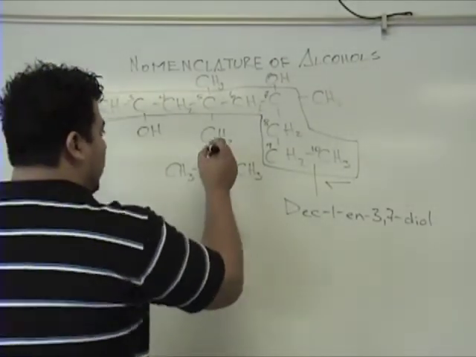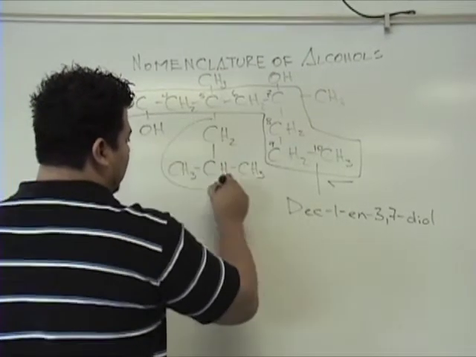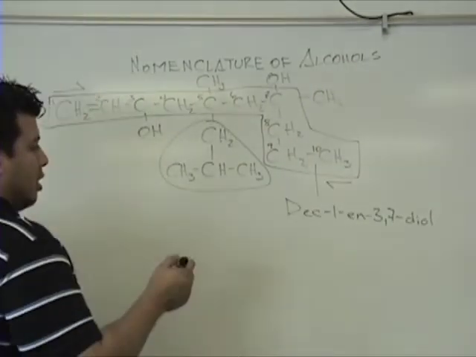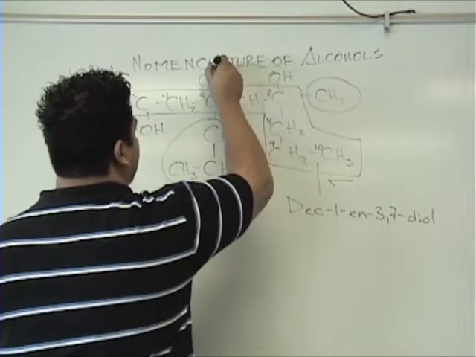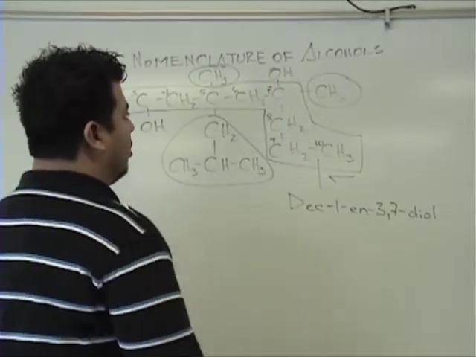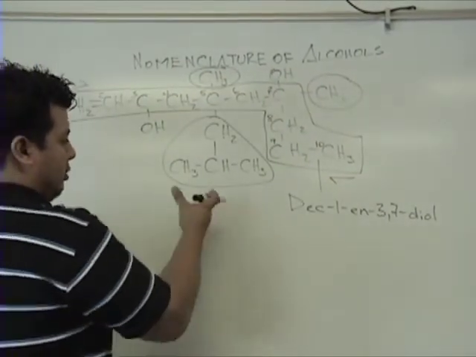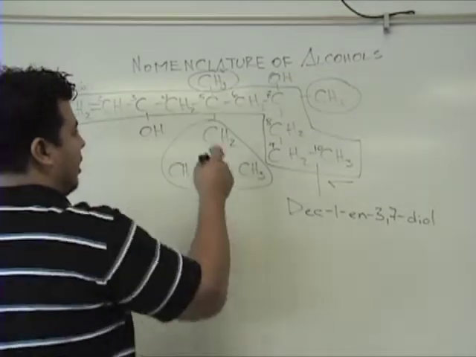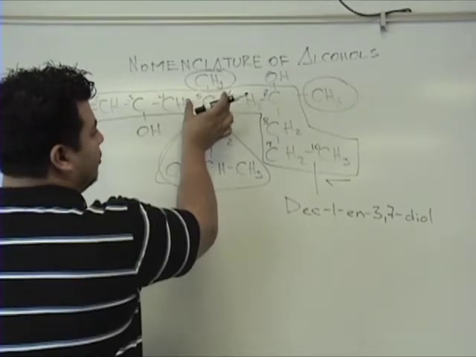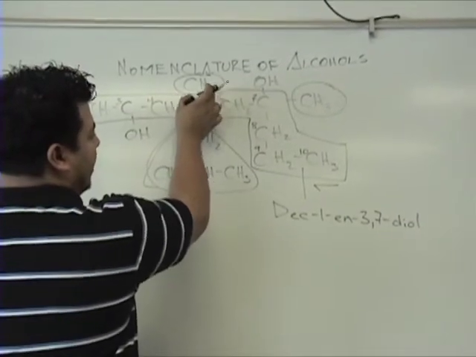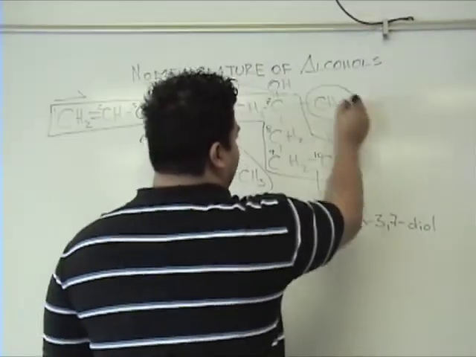So then we can assume that whatever is left are substituents. We have this one, we have this one, and this one. So I try to do different shapes. I guess this doesn't look different from that, but it's like a triangle looking kind of thing. So this one is the same as that one, so let's name it.